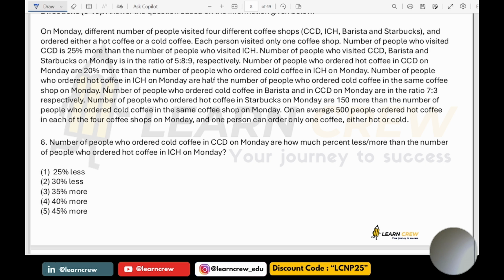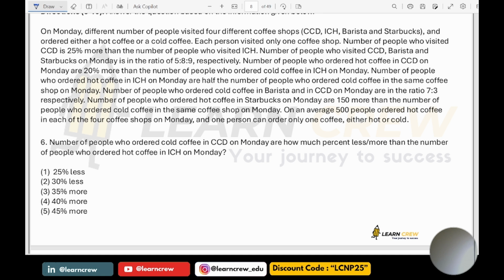Number of people who ordered hot coffee in ICH are half of the number who ordered cold coffee in the same shop. Number of people who ordered cold coffee in Barista and CCD are in the ratio 7:3 respectively. Number of people who ordered hot coffee in Starbucks are 150 more than the number who ordered cold coffee in the same shop.